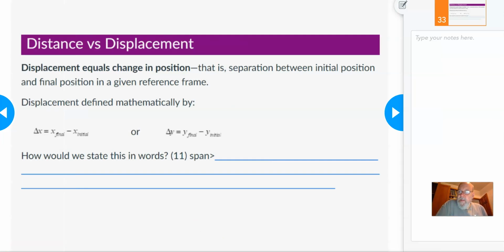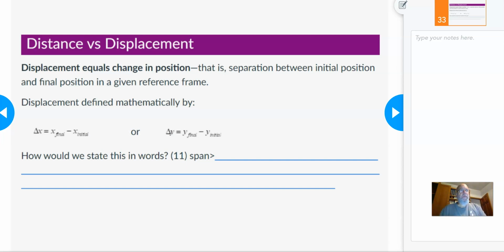Hopefully it makes sense that if I can put an initial position and a final position on my frame of reference, the next step is asking, how much difference is there between my initial position and final position?